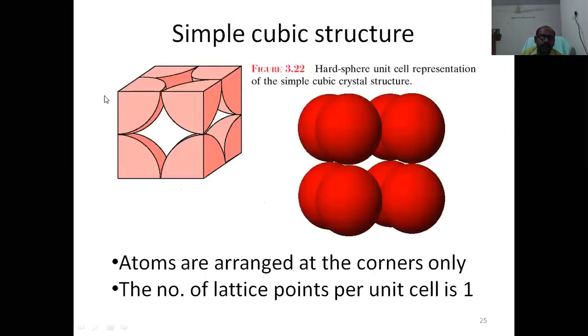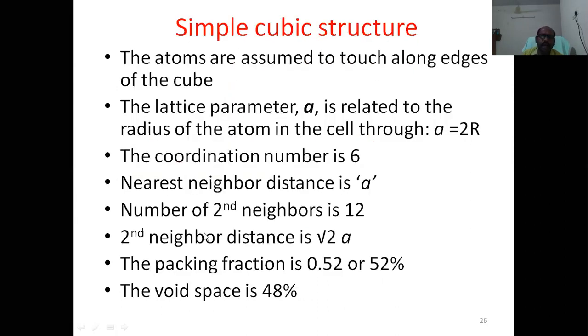For this lattice point, this one is the first nearest neighbor, and the second nearest neighbor is along this length, root 2 a. Extending the lattice in 3D in all directions, we get such 12 points. Clearly, we can get a picture of how it is 12.